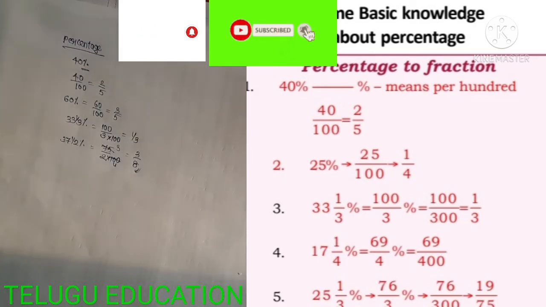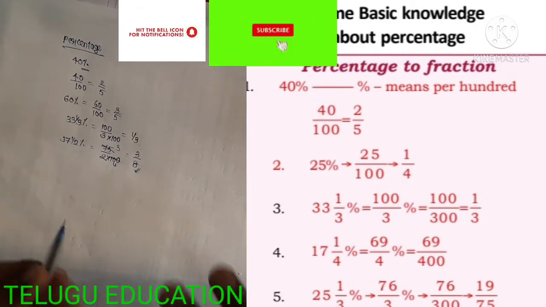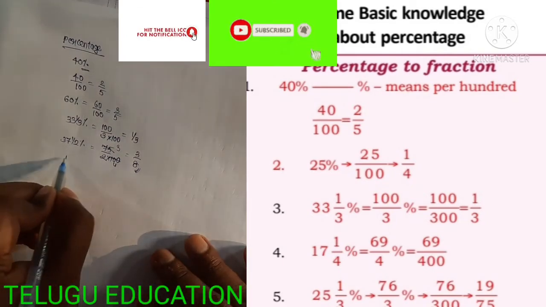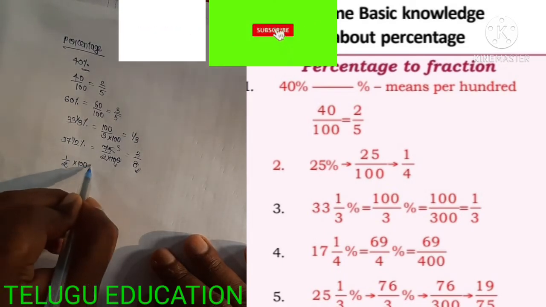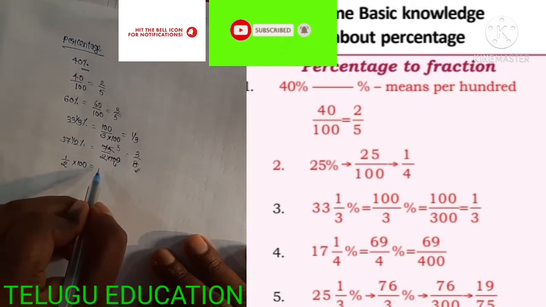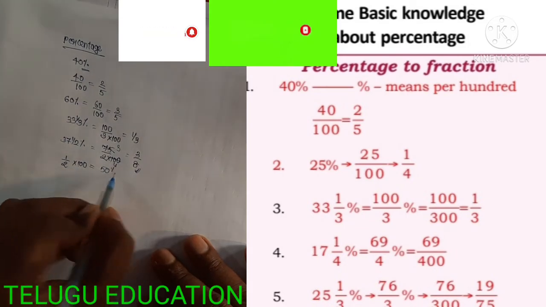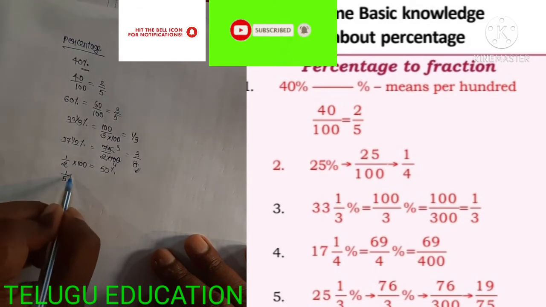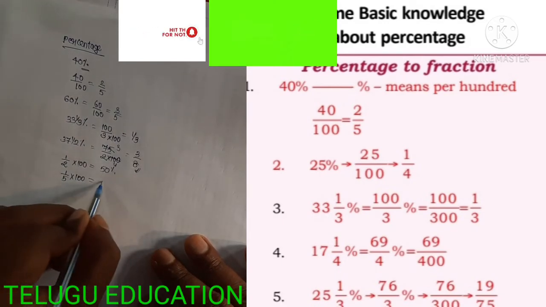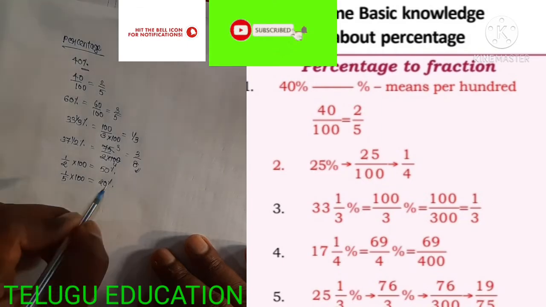So how to convert a fraction into a percentage? Okay. So 1/2 is a fraction, into 100. So the value is 50%. So the value of 1/5, convert the fraction into percentage, into 100. So the value is 20%.